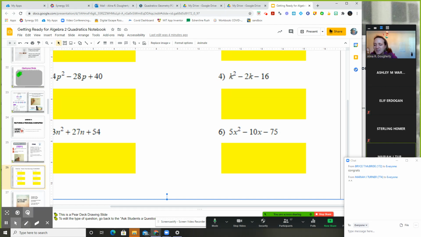What are we doing? Greatest common factor is 5. Once I take out the greatest common factor, I get minus 2x. And then what's 75 divided by 5? Is it 15? And then what's the next step?